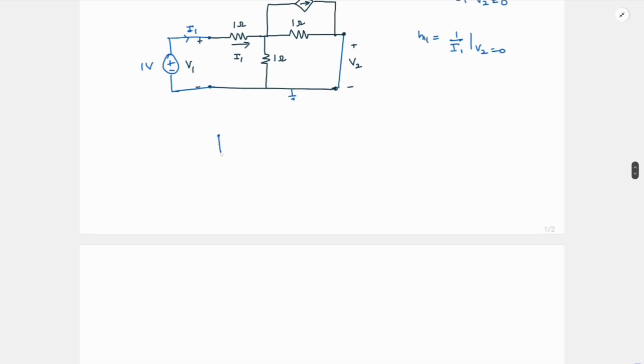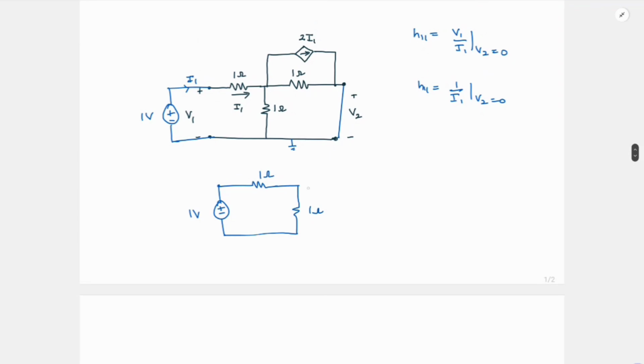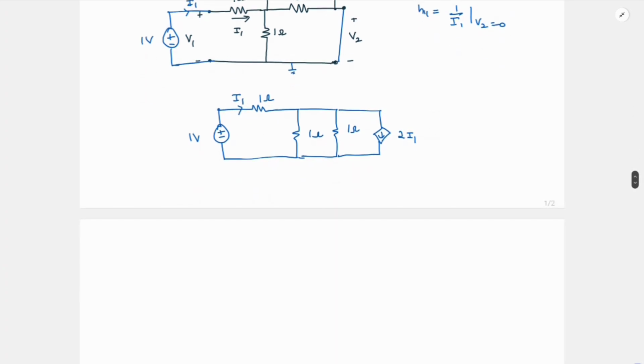Okay, so if I redraw this circuit, I have 1 volt, 1 ohm, I have 1 ohm here and this is anyway shorted to ground. So I have 1 ohm and I have this current controlled current source with a value of 2 I1, and I1 is this. So I1 is what we want to find.